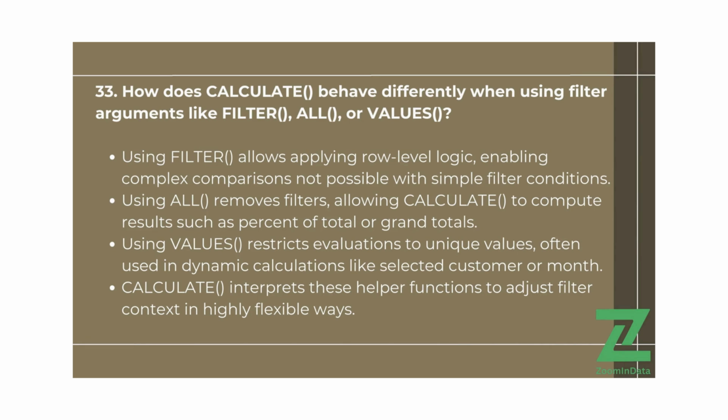Using ALL removes filters, allowing CALCULATE to compute results such as percent of total or grand totals. Using VALUES restricts evaluations to unique values, often used in dynamic calculations like selected customer or month. CALCULATE interprets these helper functions to adjust filter context in highly flexible ways.